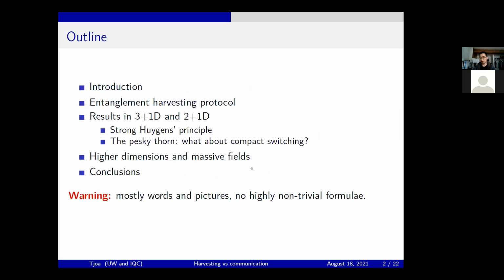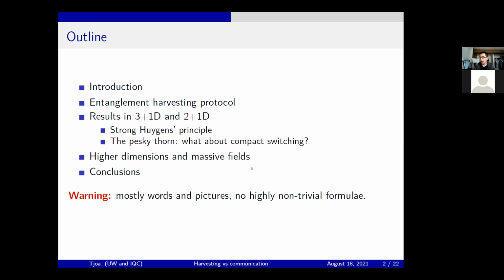We will mention the connection with the strong Huygens principle, and we will also bring up what I like to call, in this project, a pesky thorn in the throat. It's basically what happens when you demand compact switching, and then we will go on and discuss a little bit about higher dimensions and massive scalar fields before we conclude.